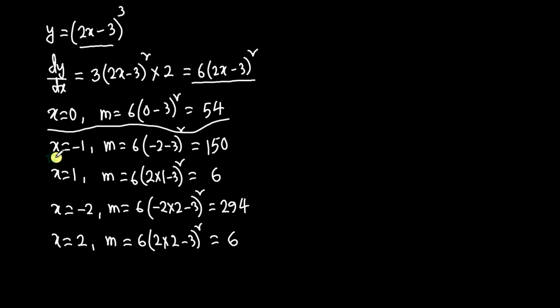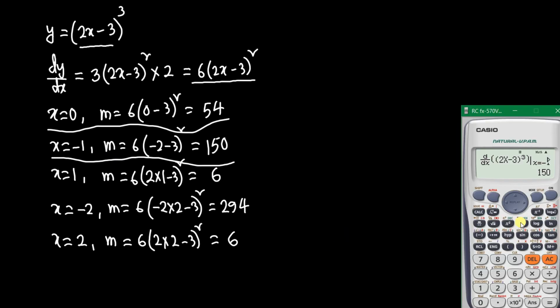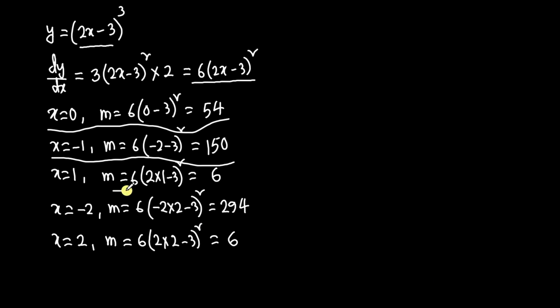This is the second one, 150. So now move to the next one. If the value is x equals 1, that is 6. If x equals 1, that is the value 6 we got.